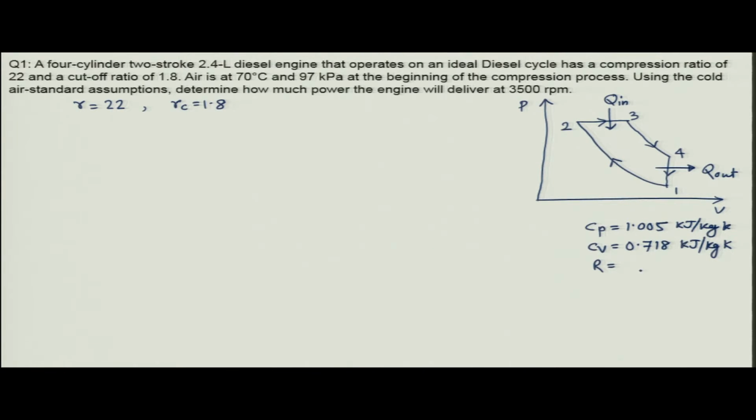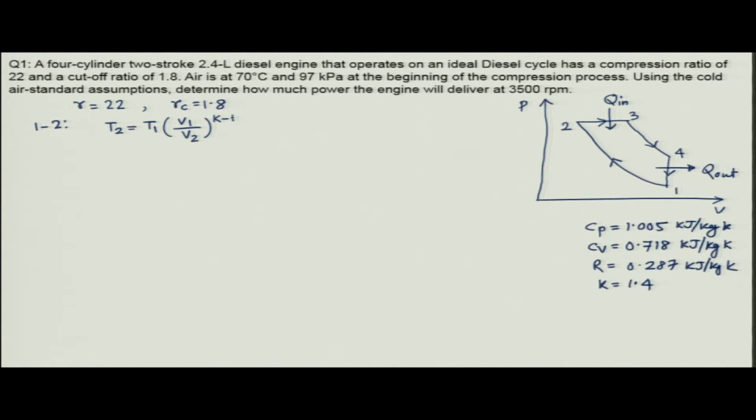R, the gas constant of air, is 0.287 kilojoule per kg Kelvin, which is the difference of the specific heats, and K, the ratio of the specific heats, is 1.4. Now, process 1 to 2 is an isentropic compression process. So, I can write the final temperature T2 after the compression stroke as T1 multiplied by V1 upon V2 to the power of K minus 1.